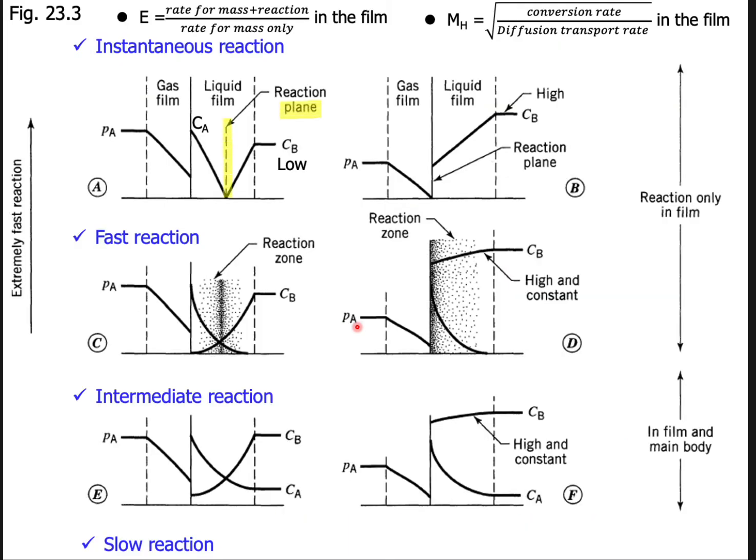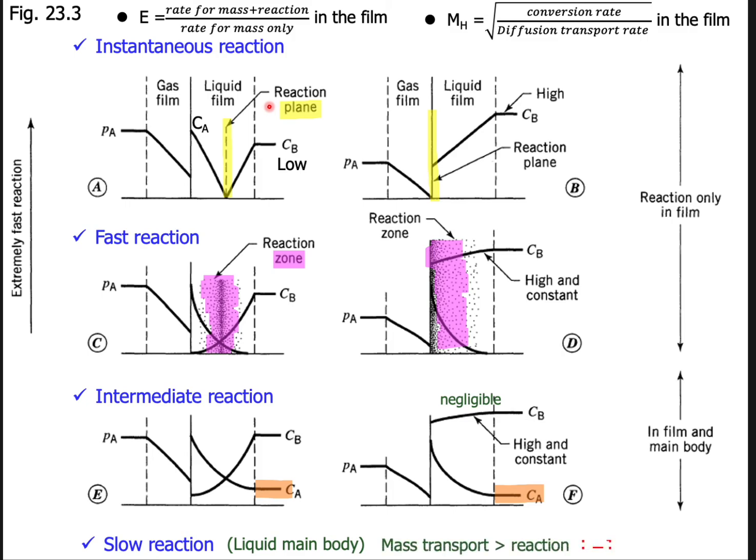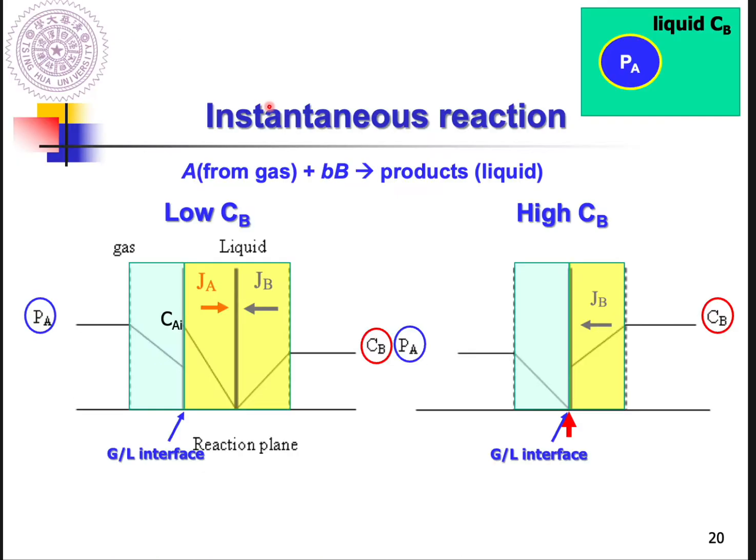Okay, so let's move to the first one, instantaneous reaction. This is the low CB case, and this is the high CB case. As we mentioned, reactant A, with partial pressure PA, diffuses through the gas film, so you can observe the partial pressure decrease, and based on solubility you get a CAI.